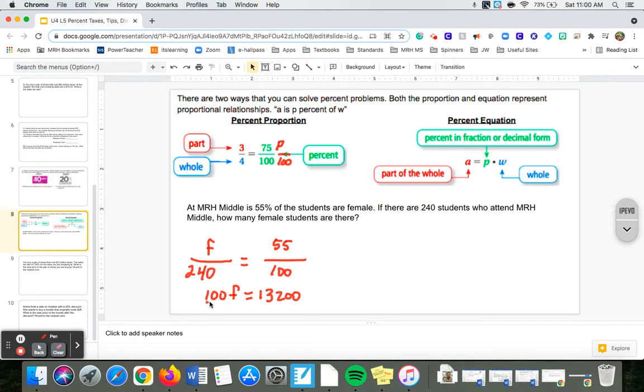I would then divide both sides by 100 because that's how I would isolate and get F all by itself. And F would be equal to 132. Don't forget to label here as well, because that's 132 female students.